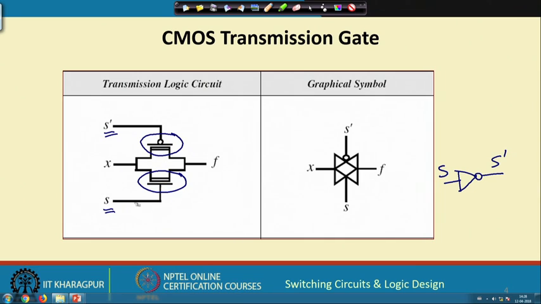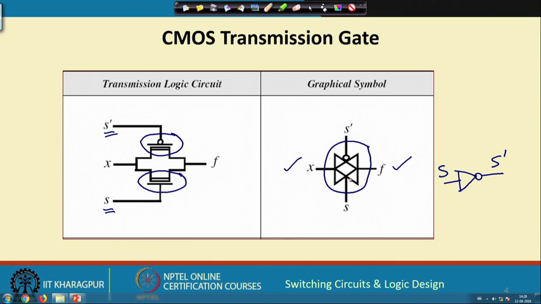If S is 1, then both the N type and P type transistors will be on, and so X and F will be connected. Now, symbolically we represent it like this. This is the symbol of a so called transmission gate, where X is the input, F is the output and S is the select lines, S and S bar.